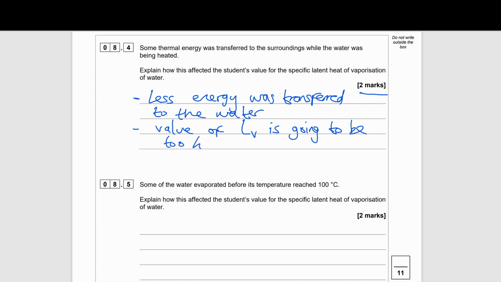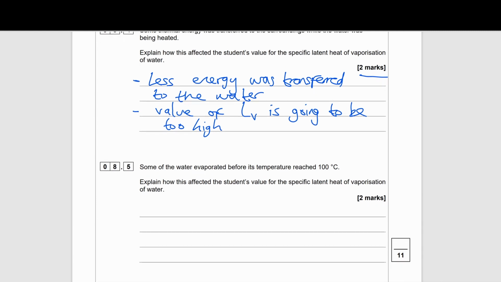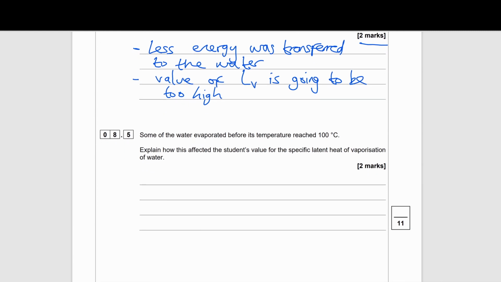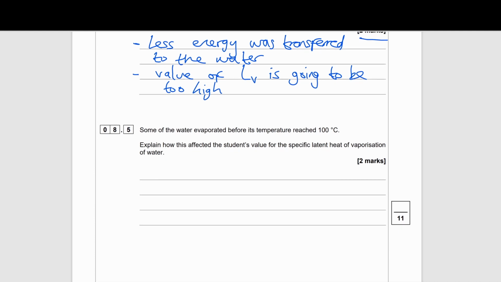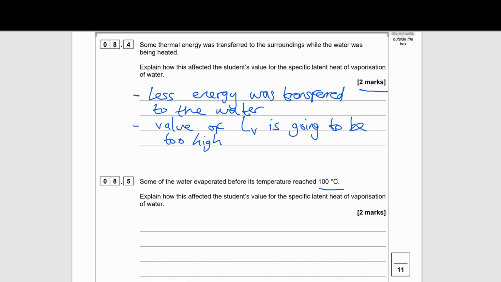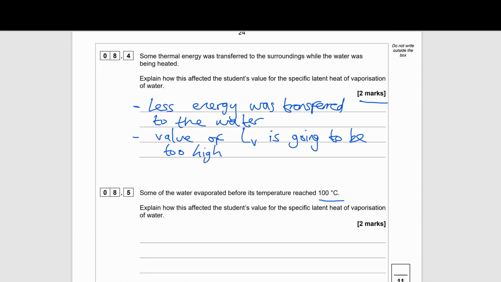8.5. Some of the water evaporated before its temperature reached 100 degrees C. Explain how this affected the student's value for specific latent heat of vaporization of water. So our question is slightly similar to previous, but a different scenario now has taken place.